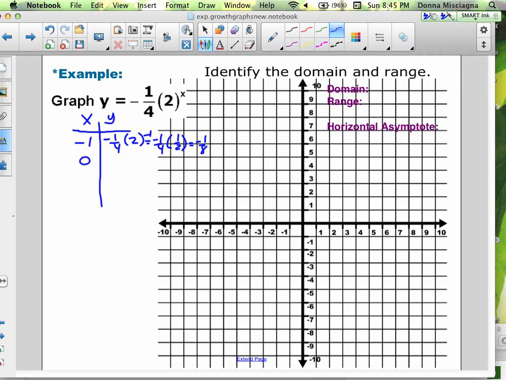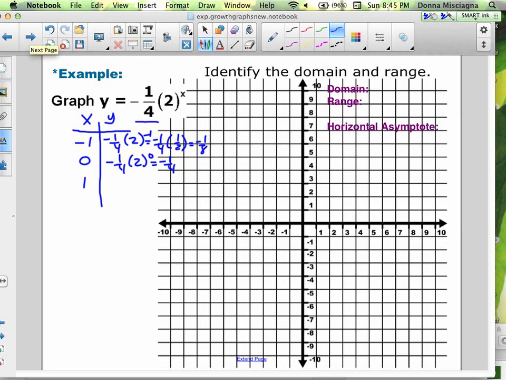Now 0. So I have -1/4 times 2 to the 0. We know 2 to the 0 is 1. 1 times -1/4 is still -1/4. So now, instead of having 0, 1, we have 0, -1/4. It's going to be whatever our starting value is, because that's the value when no time has gone by.